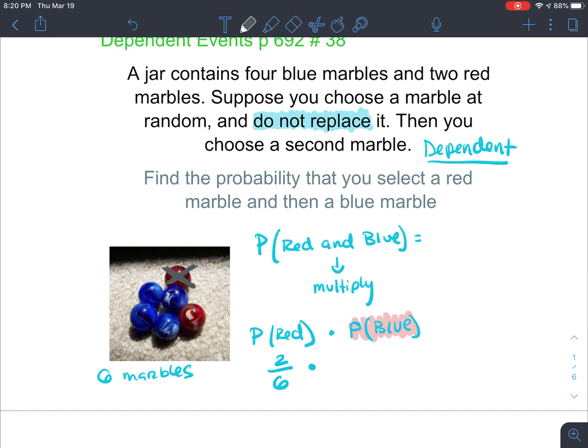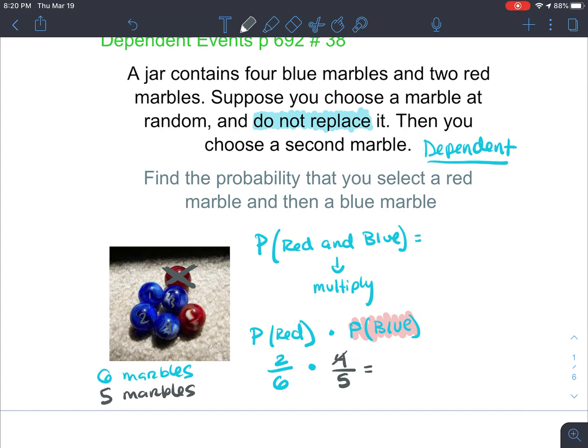What is the new probability of pulling a blue? Now there are only 5 marbles left in the jar, 4 of which are blue. So the new probability of blue is going to be 4 out of 5. Again, it's being changed because we have already pulled one of the marbles out.